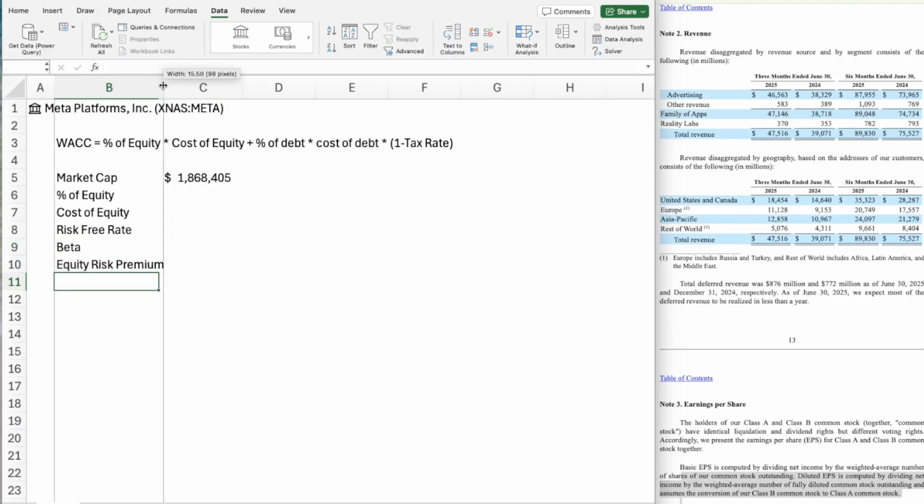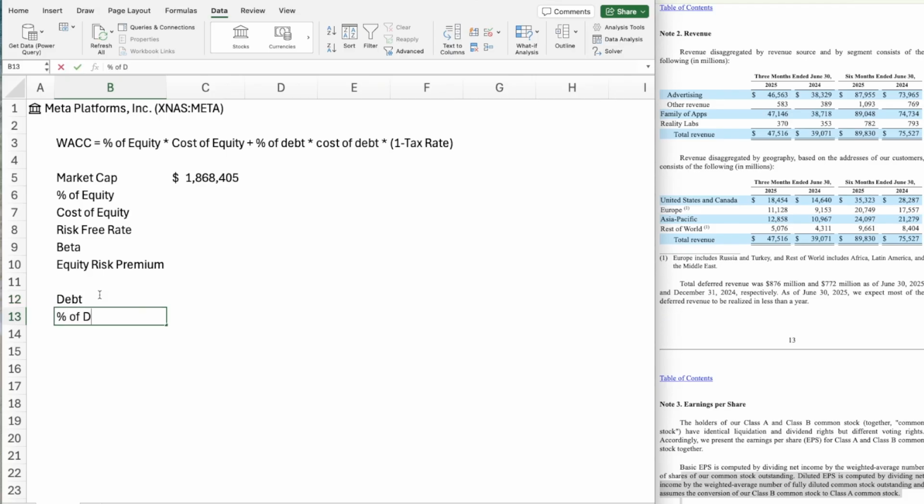Once you understand the method, it's fairly straightforward, but otherwise it can be a bit long. Then we want the debt, the percentage of debt, the cost of debt, the tax rate. Then the last thing we need is a total, and then we can get our WACC.